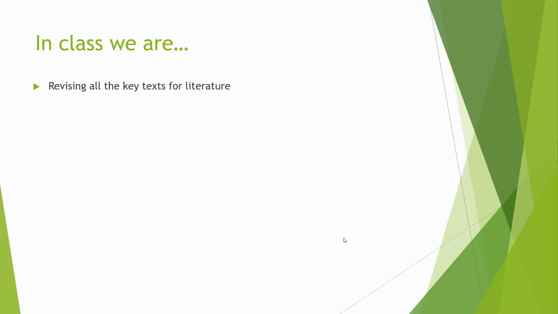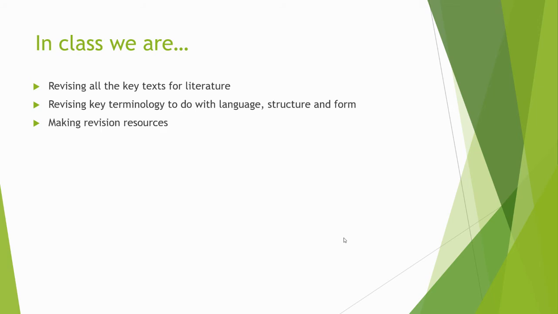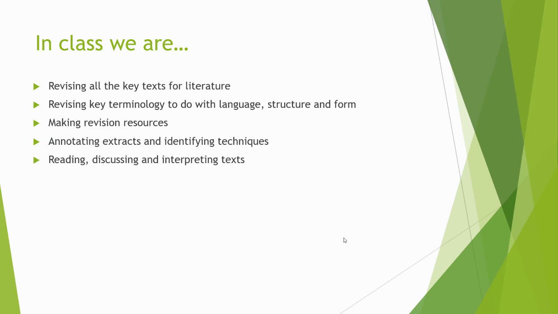So here are the things we are doing. In class, we are currently revising all the key texts for literature, revising the key terms to do with language, structure and form, and making revision resources which we'll be able to use. Annotating extracts and identifying techniques, reading, discussing and interpreting texts.